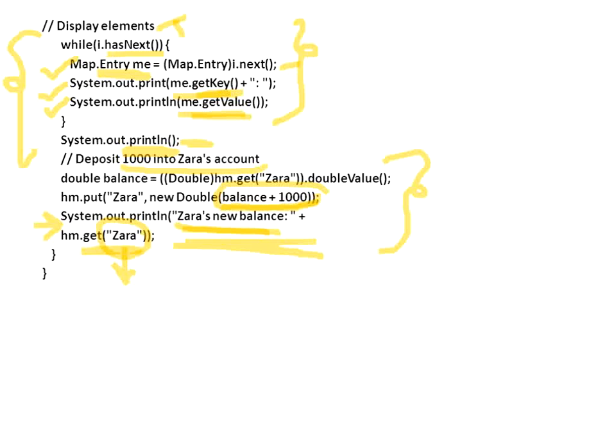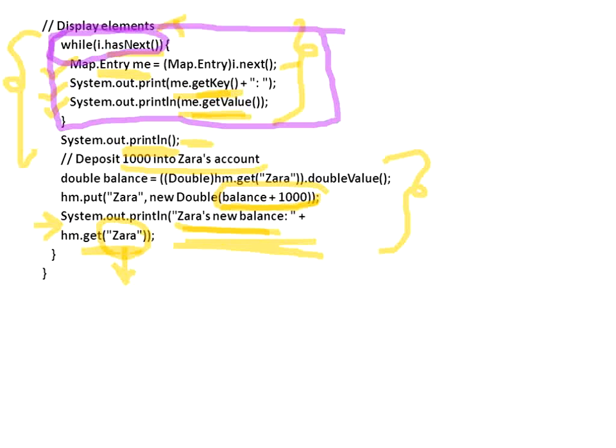This set of code is used to display elements one by one. Okay, so we have a while loop over here, and after that we will go by entries one by one. Display only, yes. It is used to display.